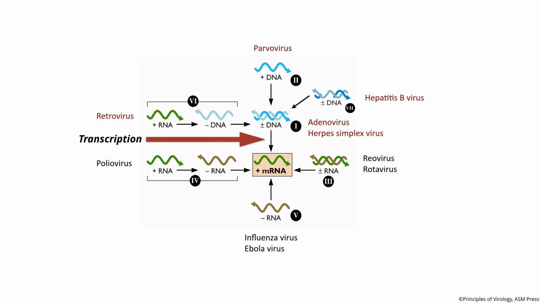We're going to talk about the viruses that have double-stranded DNA genomes, single-stranded DNA genomes, viruses with gapped DNA genomes. Those are all DNA-containing viruses that undergo transcription. And we will also talk a little bit about retroviruses.